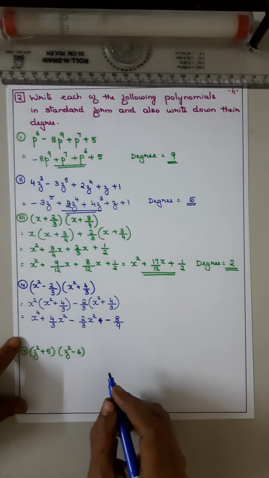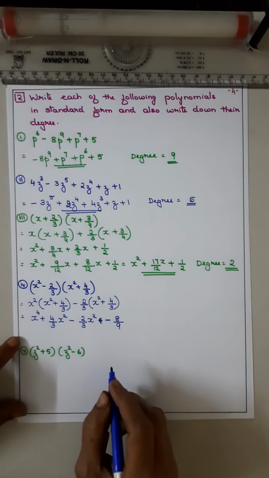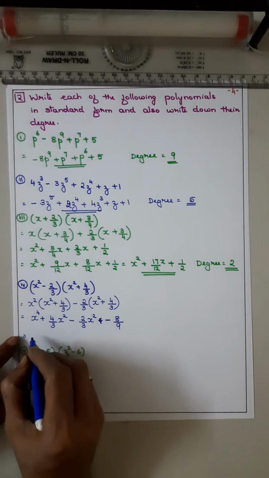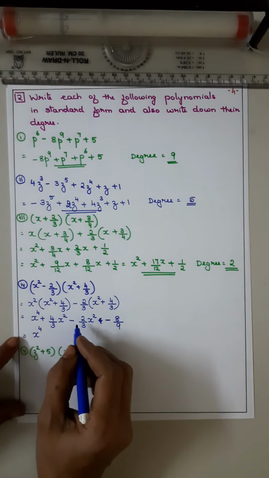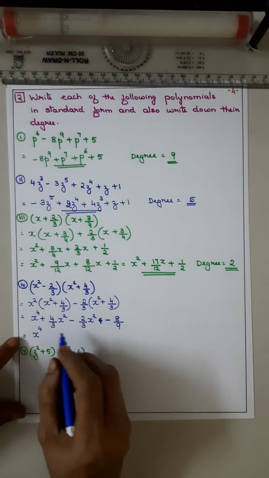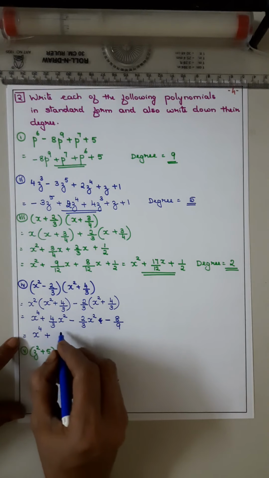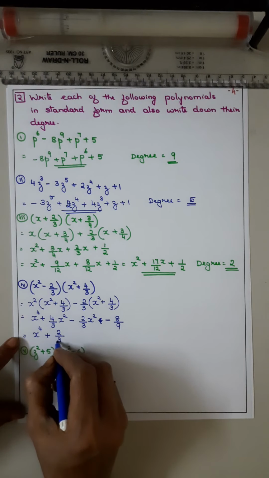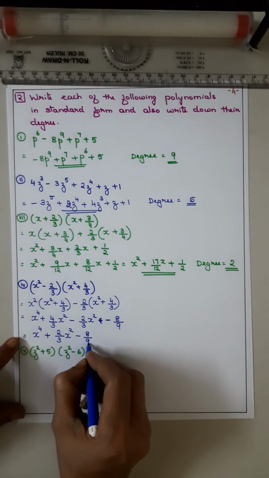Both threes are in the denominator, that is why no cancellation. Okay, now it will be x to the power 4. Now directly, both the denominators are the same and the signs are different, so subtract. So 4 minus 2 is 2 by 3 x square minus 8 by 9.